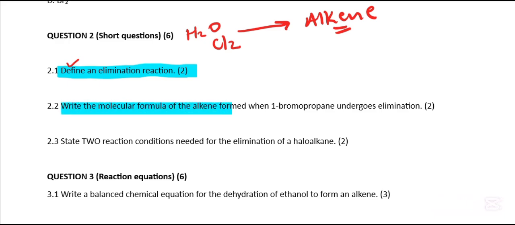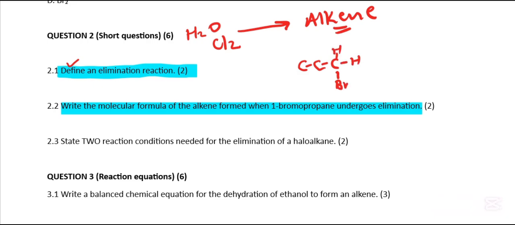Write down the molecular formula of the alkene formed when 1-bromopropane undergoes elimination. Let's do the reaction. 1-bromopropane, carbons 1, 2, 3. So we have Br here.